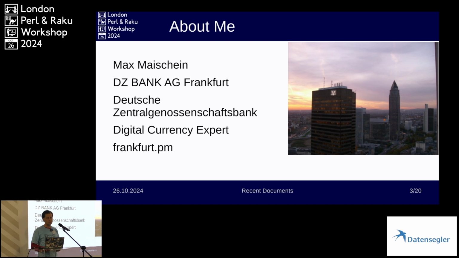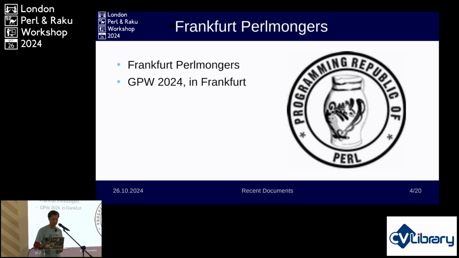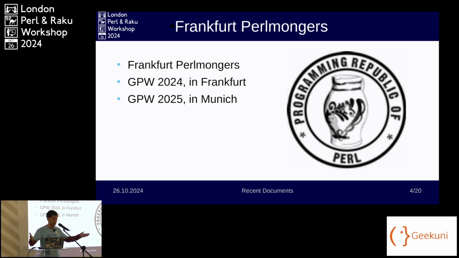We organized, for example, the German Perl workshop this year and also next year. The German Perl workshop this year was in Frankfurt. Next year it will be in Munich, if everything goes well, in May in Munich. So you're invited to come there.